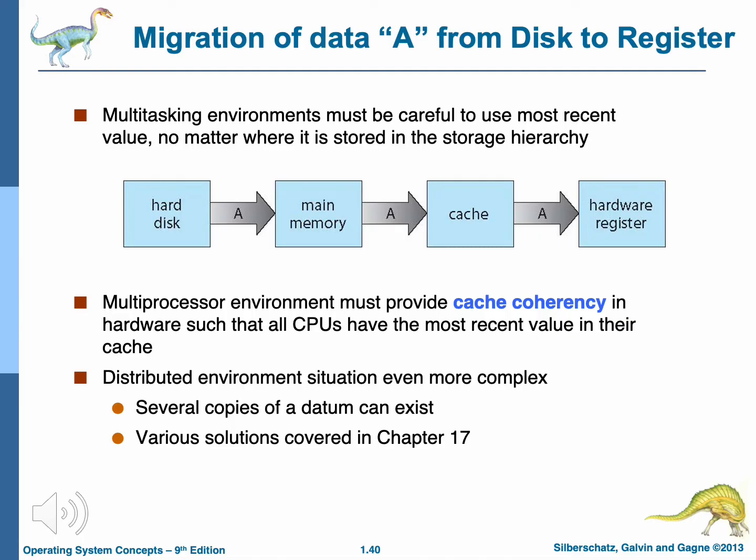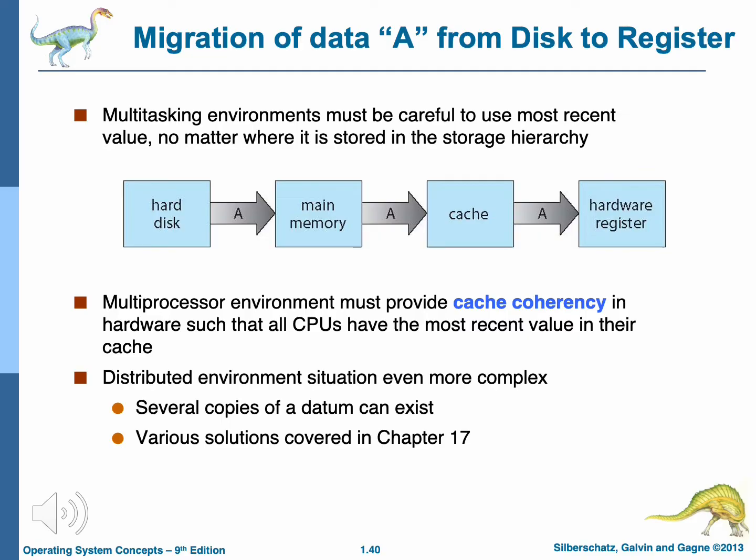Thus, the copy of A appears in several places: on the magnetic disk, in main memory, in the cache, and in an internal register. Once the increment takes place in the internal register, the value of A differs in the various storage systems. The value of A becomes the same only after the new value of A is written from the internal register back to the magnetic disk.